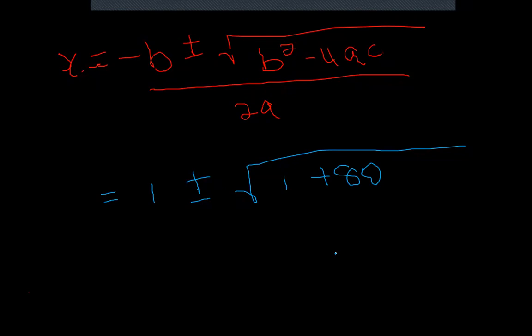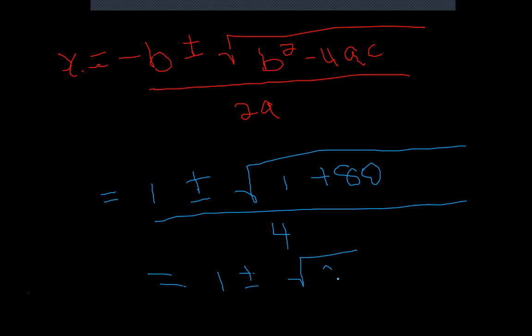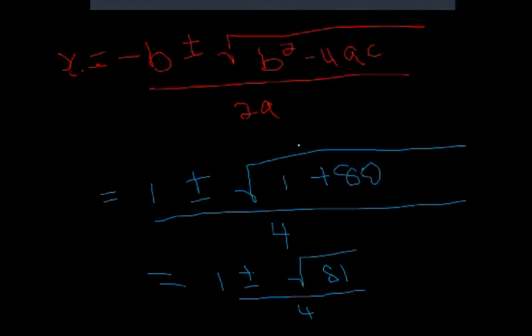The quadratic was 2x squared minus x minus 10. a is 2, c is minus 10. So 2 times 2 is 4. 1 plus or minus the square root of 81, divided by 4. So what does that mean?